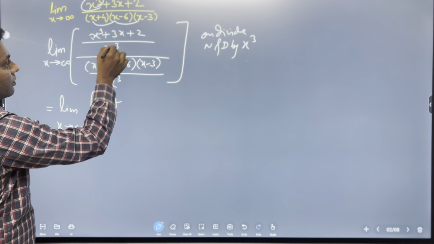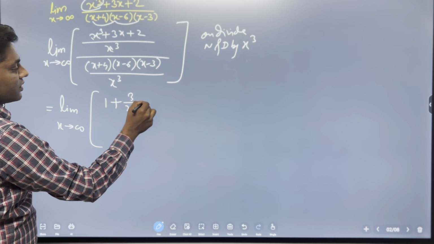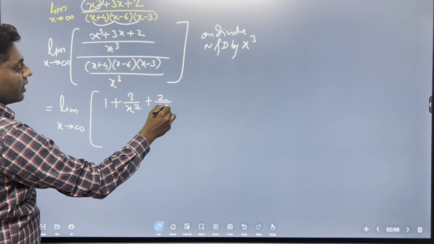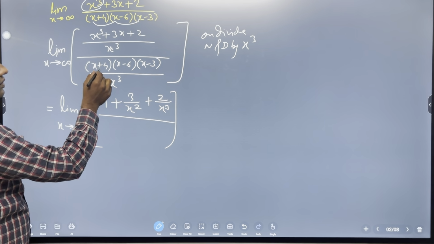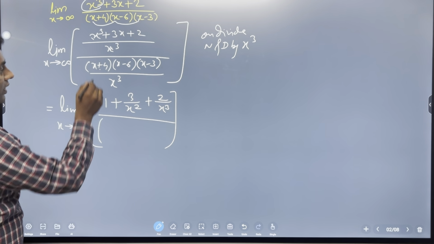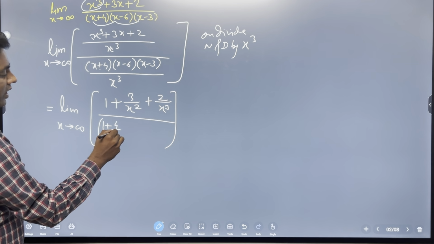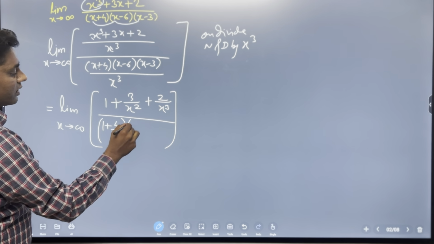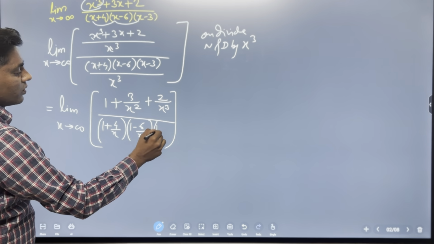Then x divided by x square remains, and the last term is 2 divided by x cube. In the brackets, after dividing, x gets cancelled: 1 plus 4 divided by x, for the second bracket 1 minus 6 divided by x, and for the last bracket 1 minus 3 divided by x.